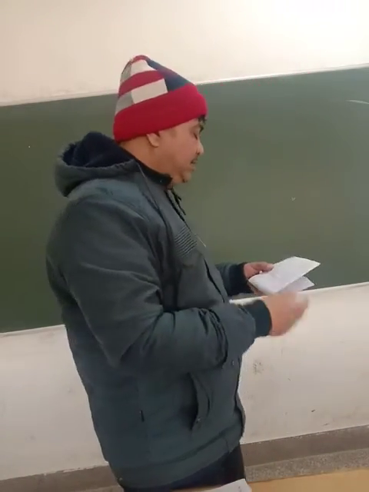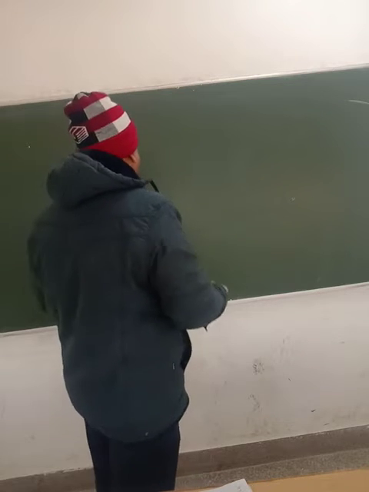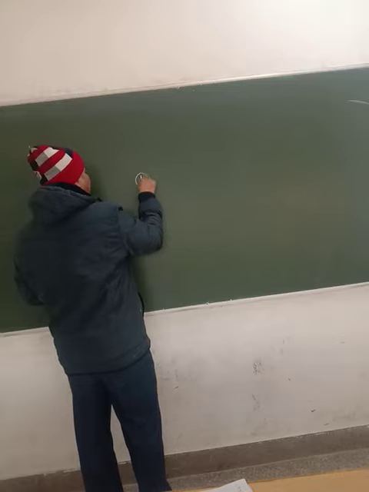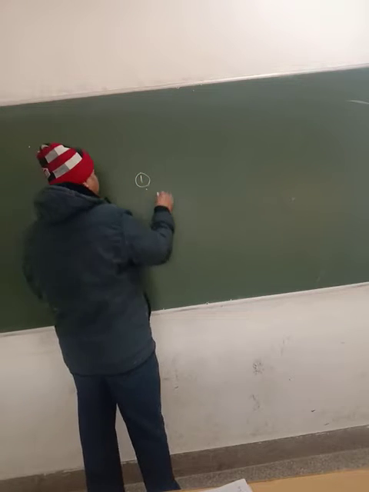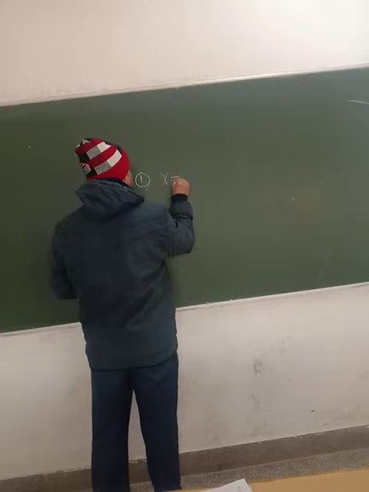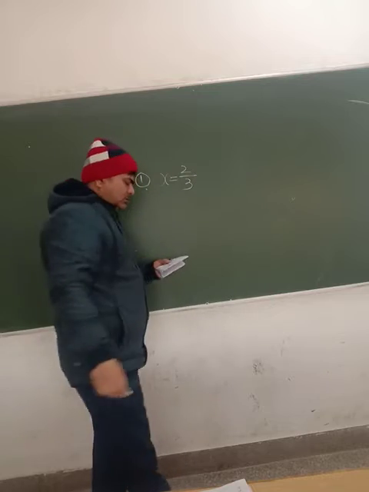If we start with 2 marker questions, this type of question will be there. Suppose the first question: I am not going to write down the total question, but the summary.